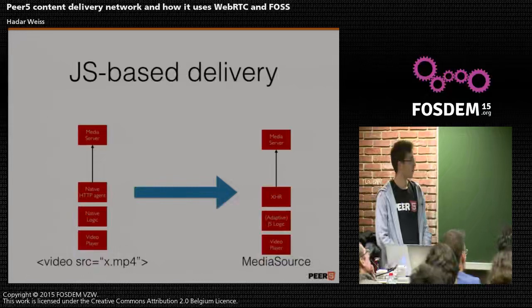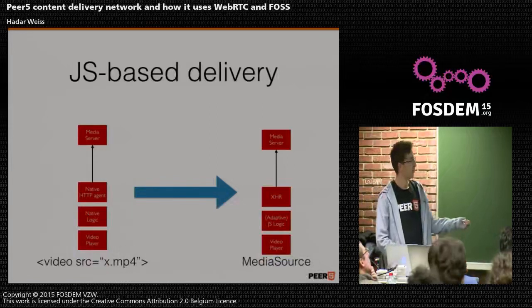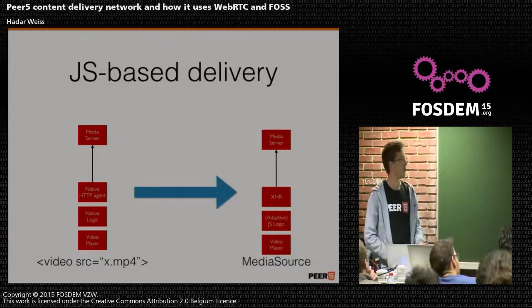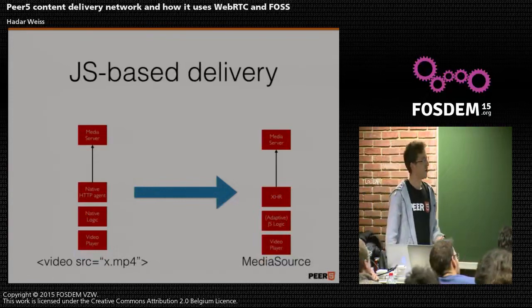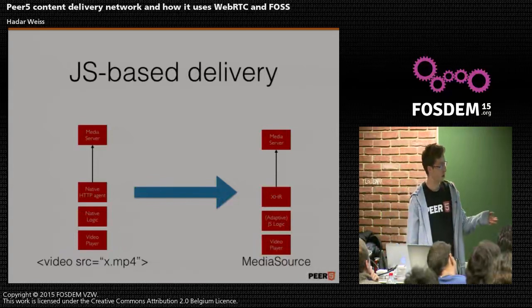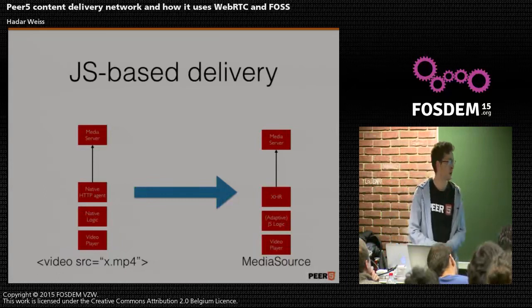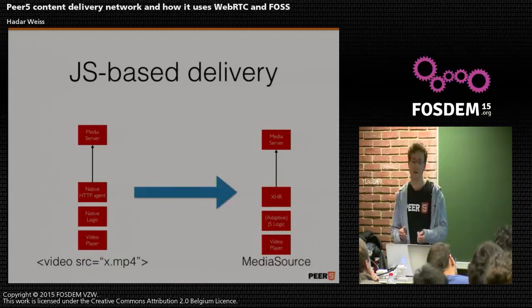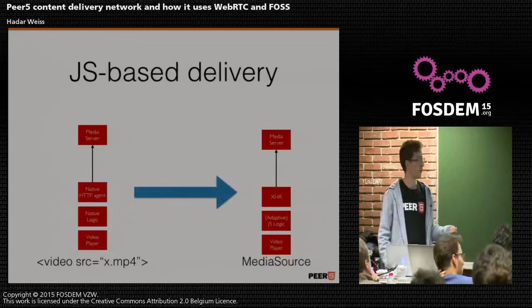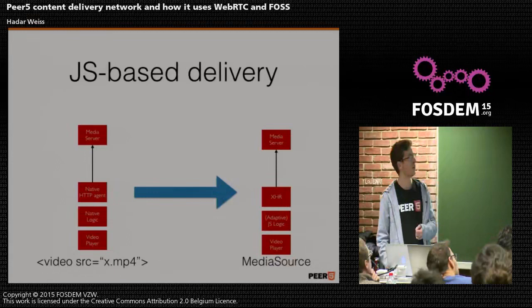So the model of a native HTTP agent that fetches content from the media server is changing to something based on a video player that has some JavaScript logic that fetches content through XHR, through XMLHttpRequest, and then pushes it to the player.